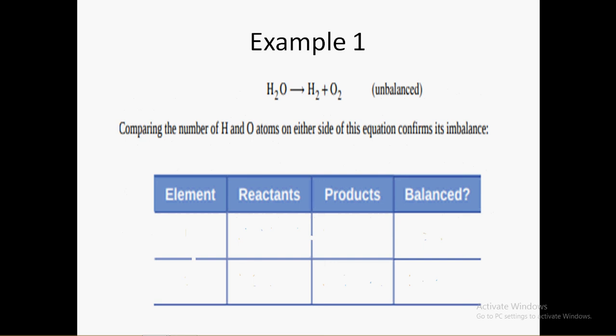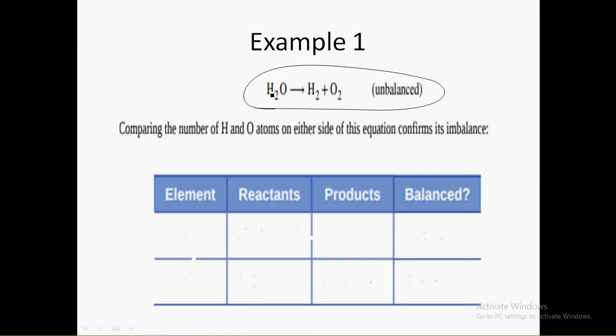Right, I think we have example 1. Follow me carefully. We have to balance this chemical equation. Water, H2O, decomposes into hydrogen and oxygen.